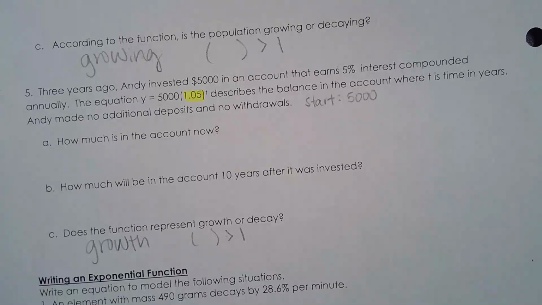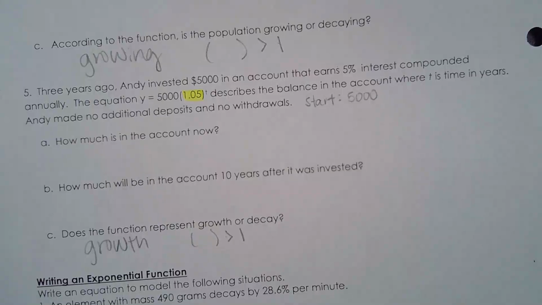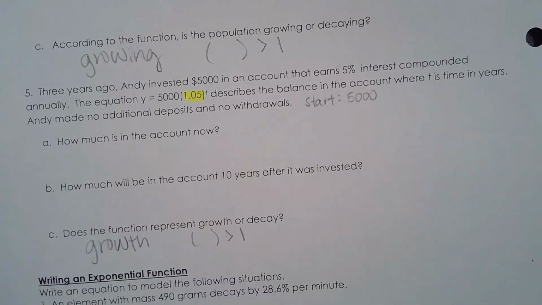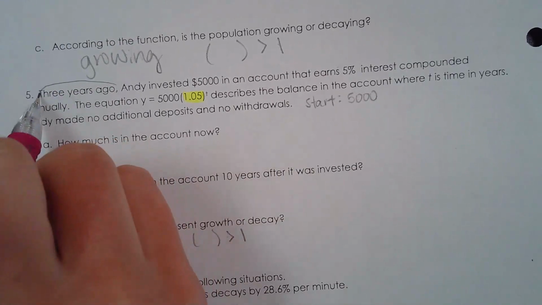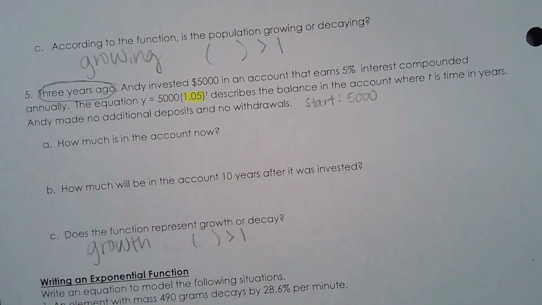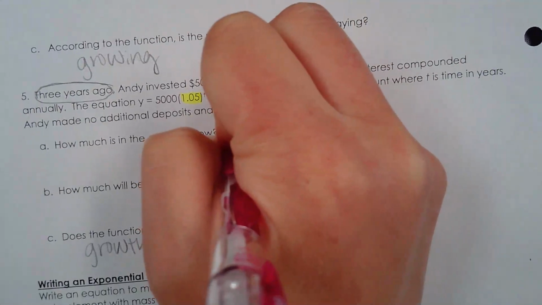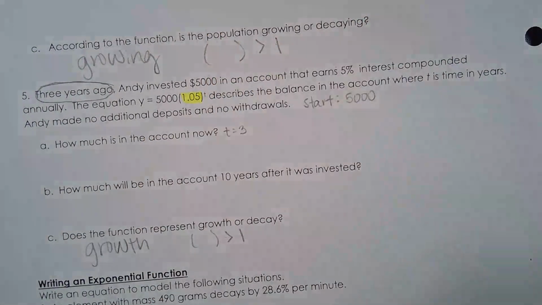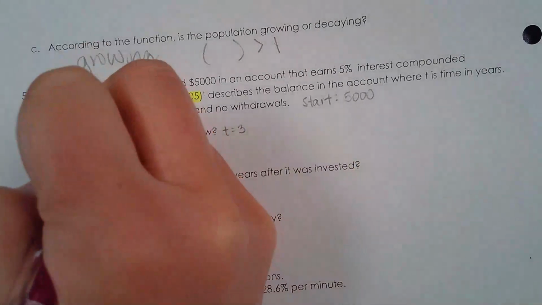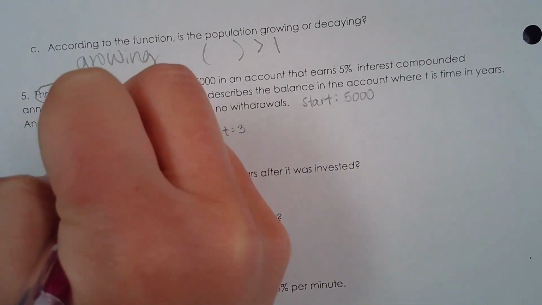So let's go back to the first question, part A. It says, how much is in the account now? Well, when did we make the account? When did Andy set all this up? 3 years ago. So what do you think our exponent, our t, needs to be this time? 3. So t is going to be 3. So I'm going to use our function that it gave us, which had the 5,000 out front that we started with.